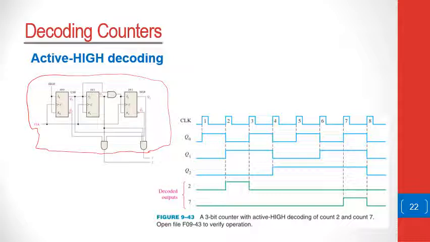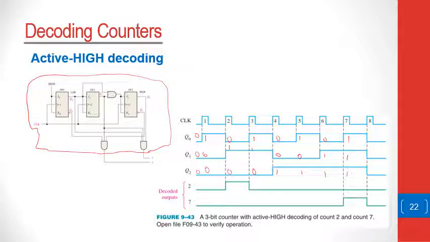For instance, it will move from 0, and then it will move to 1, and then it will move to 2, which is 0, 1, 0, and then it will move to 1, 1, 0, which is 3, and 0, 0, 1, which is 4, and 1, 0, 1, which is 5, 0 1 1, which is 6, and then here it will have 1 1 1, which is 7.